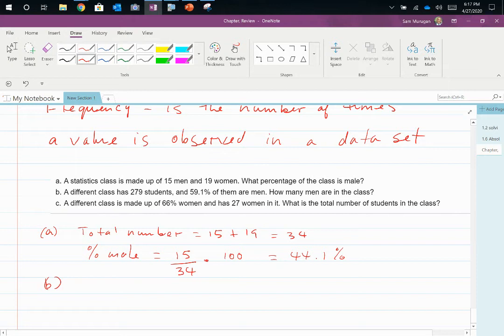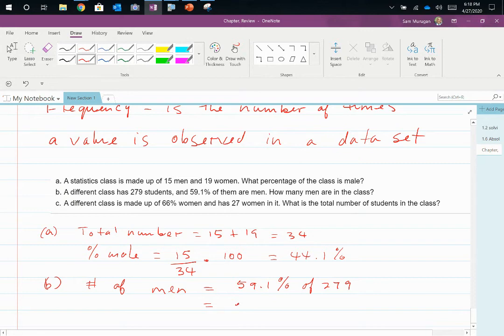All right, now it tells us a different class has 279 students and 59.1% of them are men. How many men are in the class? So the number of men is equal to 59.1% of the total number, 279.